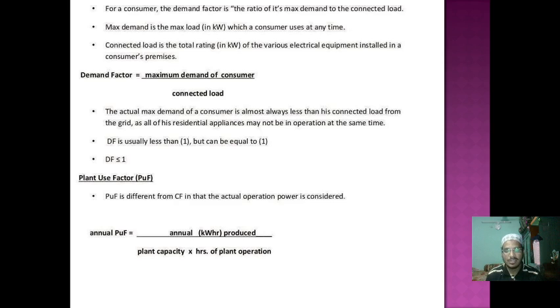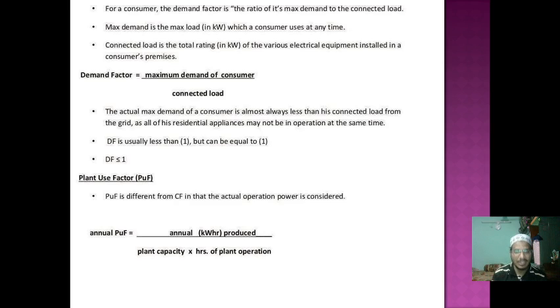Plant use factor is equal to the annual kilowatt-hours, how much we have produced, divided by the plant capacity. For example, for a small power plant the annual production is 10,000 kilowatt-hours.